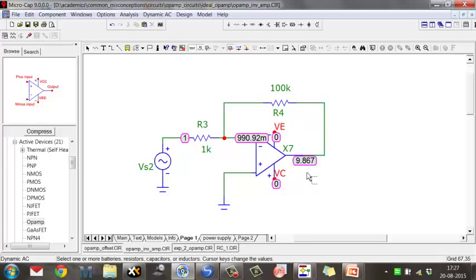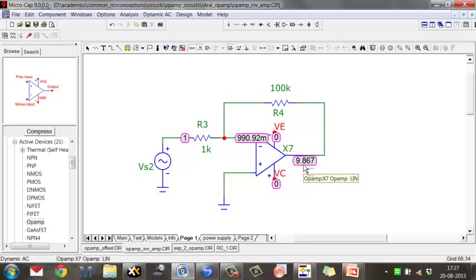What has happened now? When you're doing AC analysis, what does it assume? The input is 1 volt magnitude, and therefore it gives you the output in terms of that. Because AC is a small signal analysis, what matters is the ratio. So it says gain is 9.867.